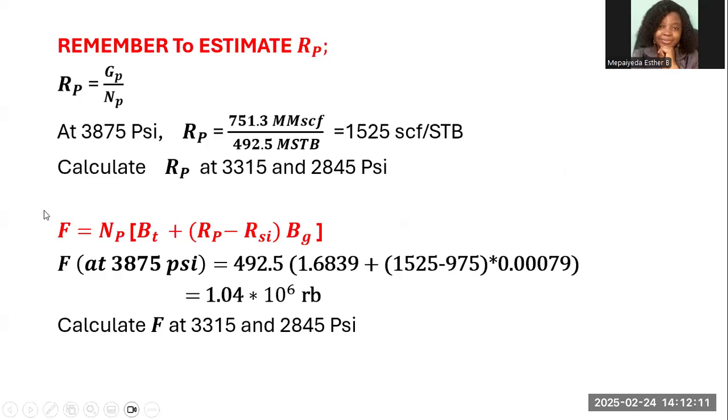Okay, so your F is NP times the quantity RP minus RSI, times BG. At 3875 psi you slot in the values corresponding to the pressure. So calculate for 3315 and 2845.